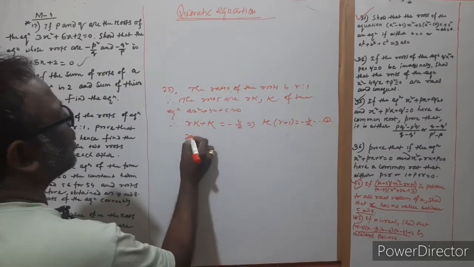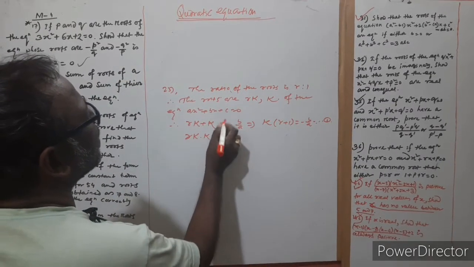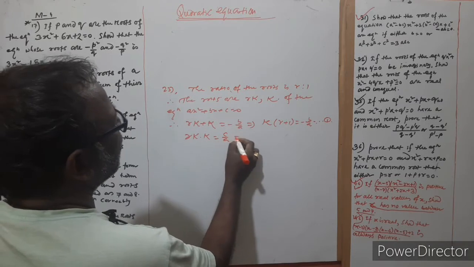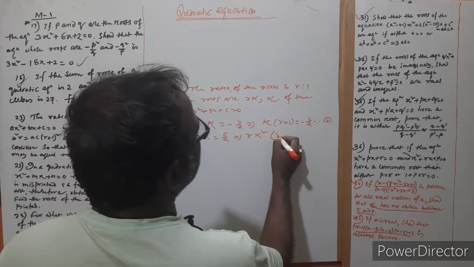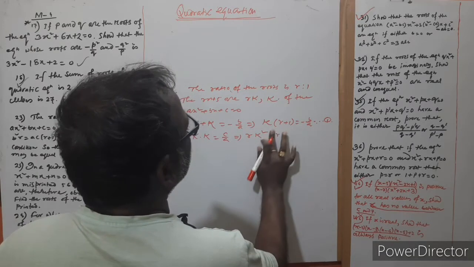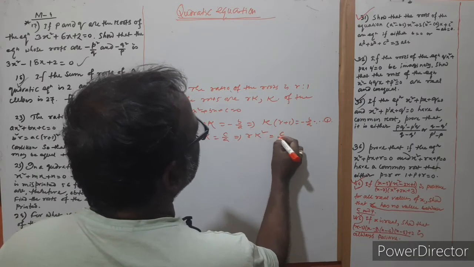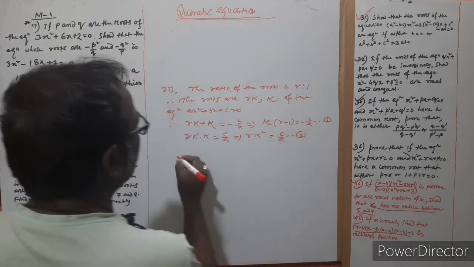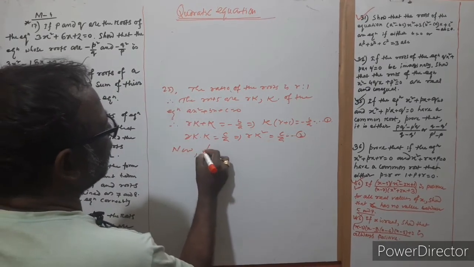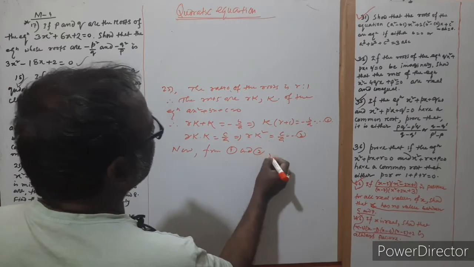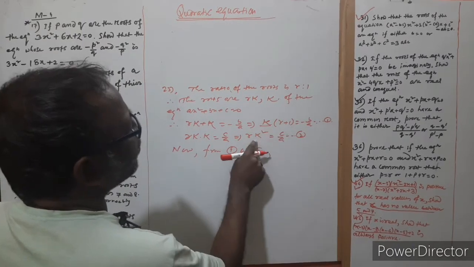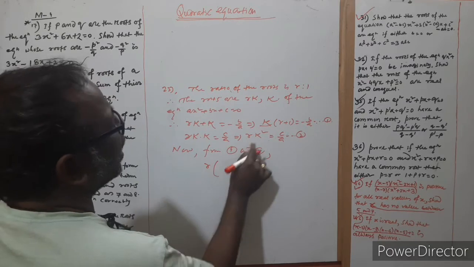Now rk into k equal to c by a, that is r k square equal to c by a. Now from 1 and 2, find k and put it here.